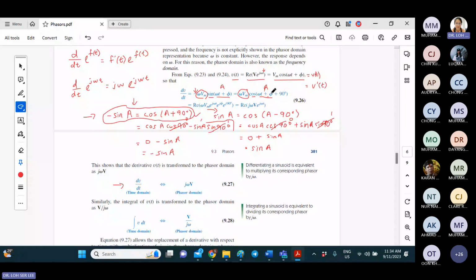Okay, then this is equal to this one. This is the real part of VM, and then this one. We can change it into this form.